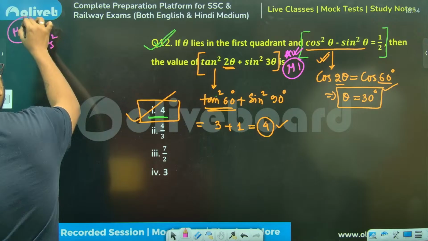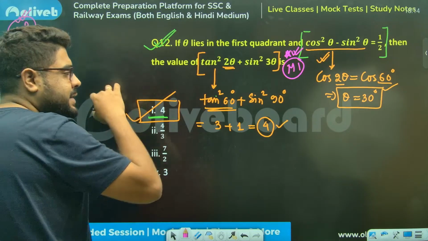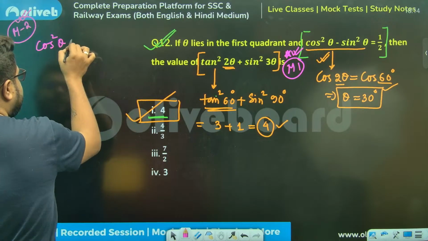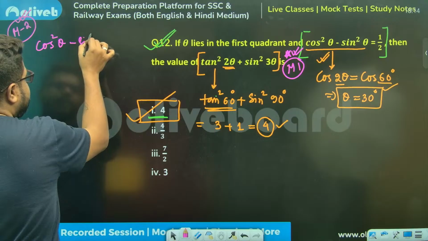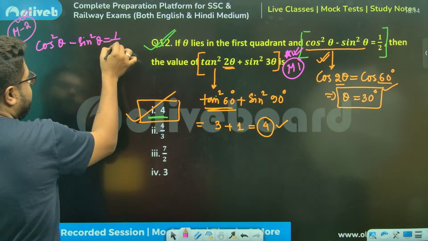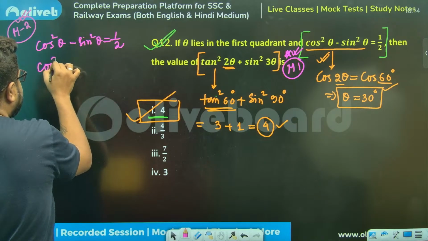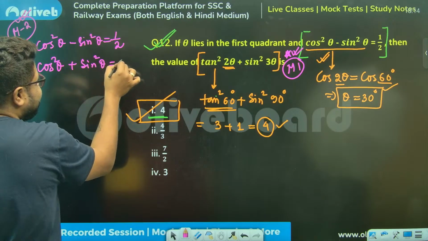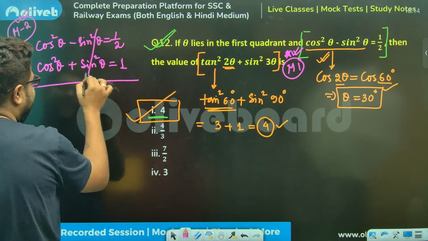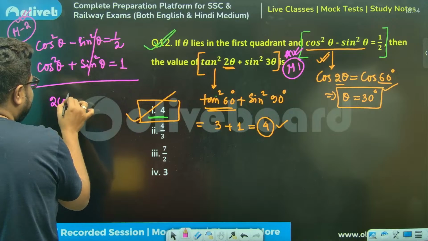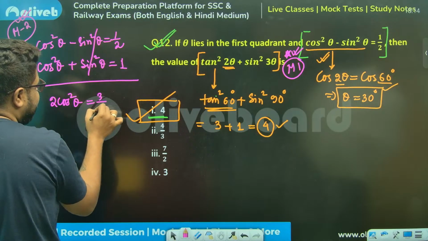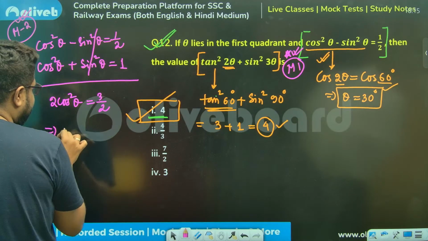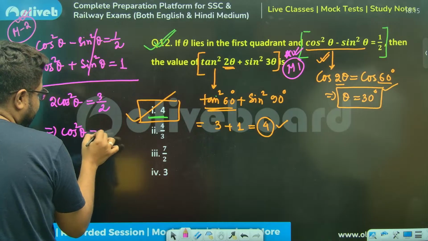See, if you want, somebody can think like this as well. Cos square theta minus sin square theta is given as half. And one thing we know from the beginning of time is that cos square plus sin square is 1. If you add them, 2 cos square theta becomes 3 by 2, so cos square theta becomes 3 by 4.